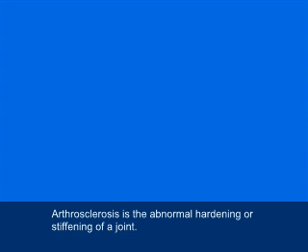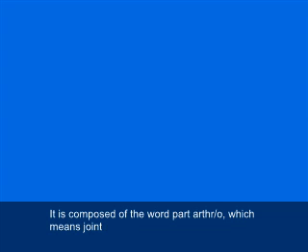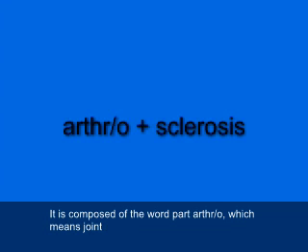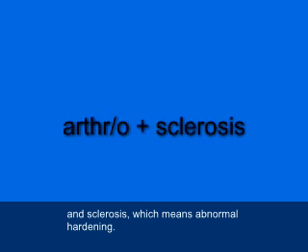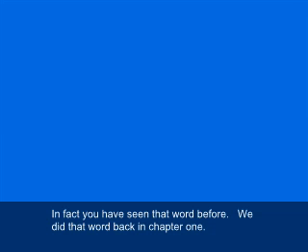Well, arthrosclerosis is the abnormal hardening or stiffening of a joint. It's composed of the word part arthr/o, which means joint, and sclerosis, which means abnormal hardening. And in fact, you've seen that word before. We did that word back in chapter 1.